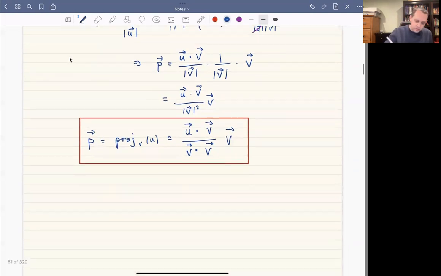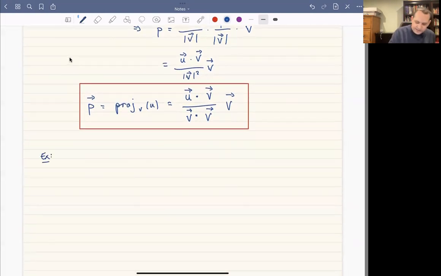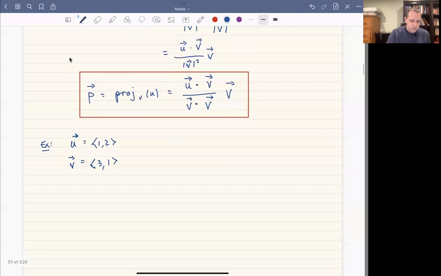Okay, and so just to make this a little bit less abstract, if I wanted to work with a vector U and V, let's say U is the vector 1, 2, V is the vector 1, 3. What I could do is compute the projection of U on V. The projection is just going to be the dot product of U times V. So the dot product of U times V is going to be 1 times 3 plus 2 times 1.